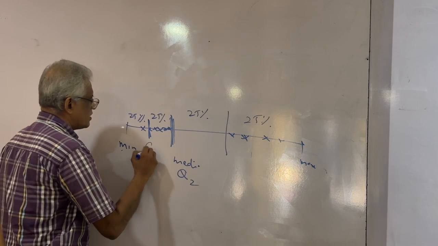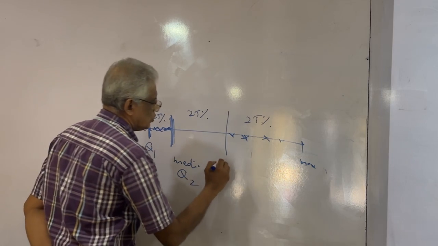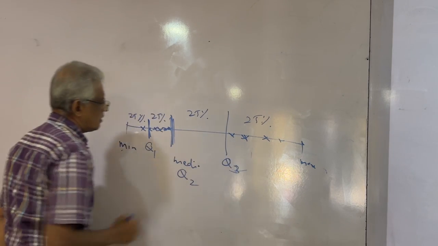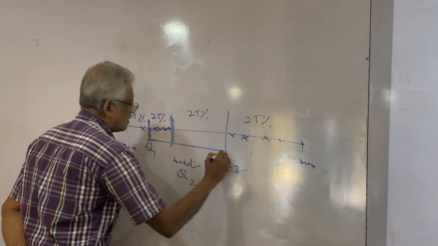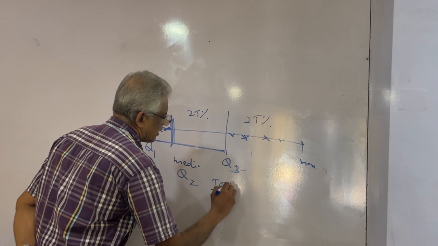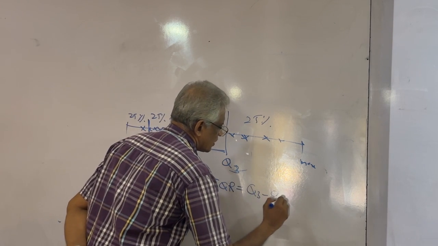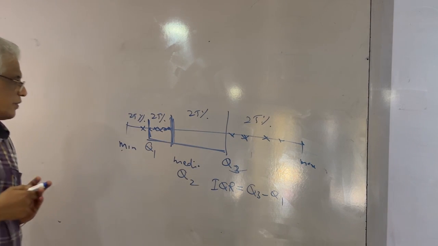So this value here is denoted by Q1. This is the median, which is the same as Q2. This value here is denoted by Q3. This distance here is called the interquartile range, that is Q3 minus Q1. It's called the interquartile range.